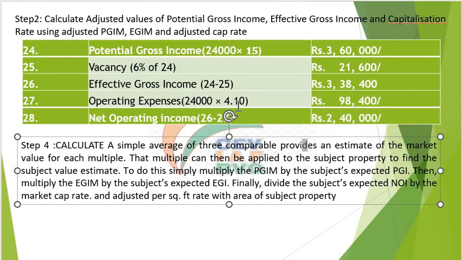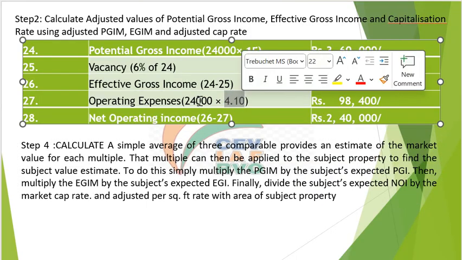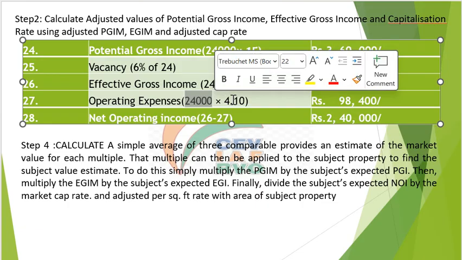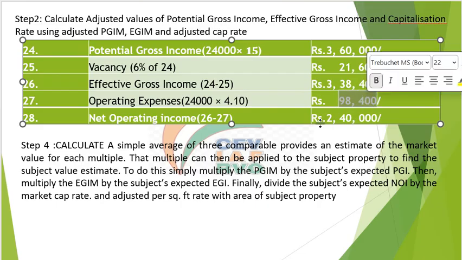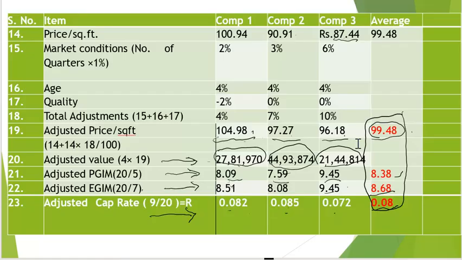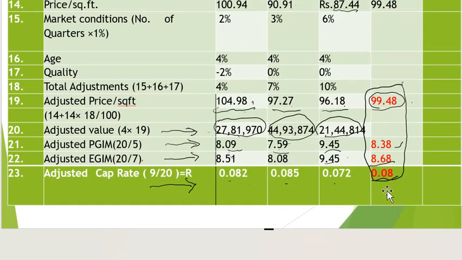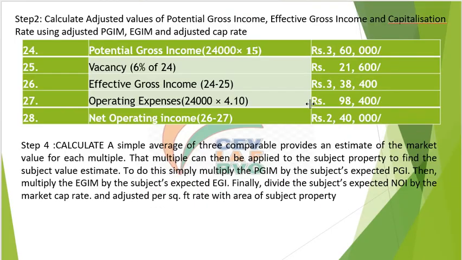Operating expenses is given as 4.10 rupees per square feet, so 24,000 multiplied by 4.10 means operating expenses is 98,400. So net operating income is 2,40,000. So from these four things and from the given data for the subject property, you can calculate the value of the property.